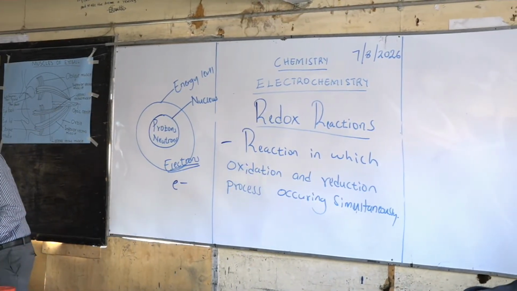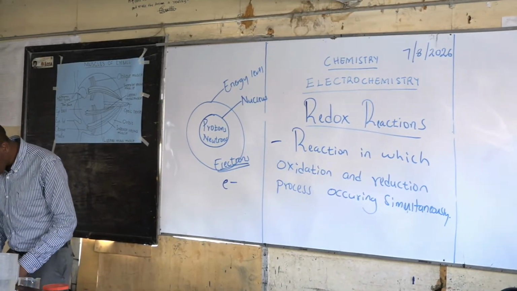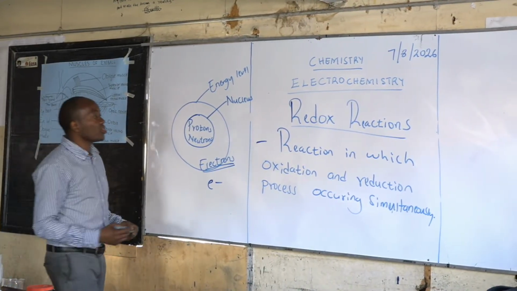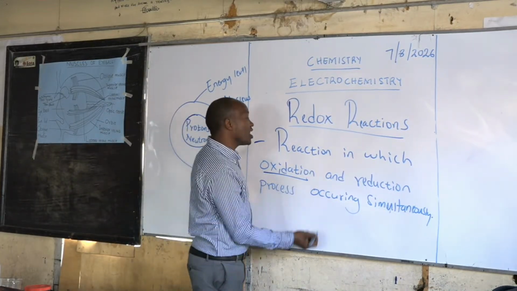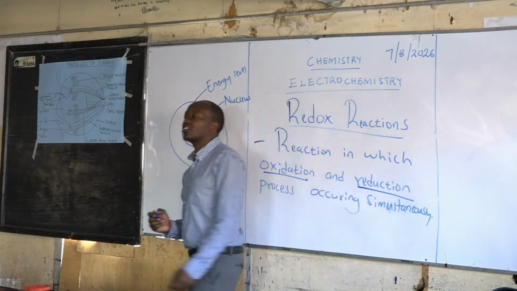So they occur simultaneously, and that is what we call a redox reaction. There are two terminologies here: oxidation and also reduction.